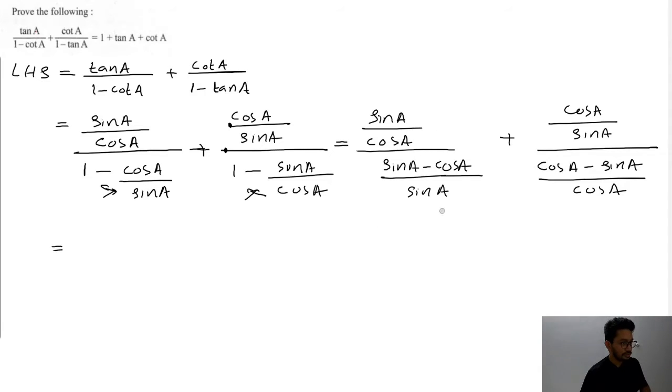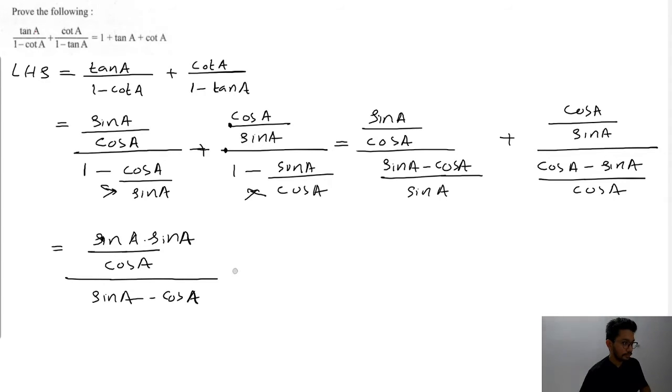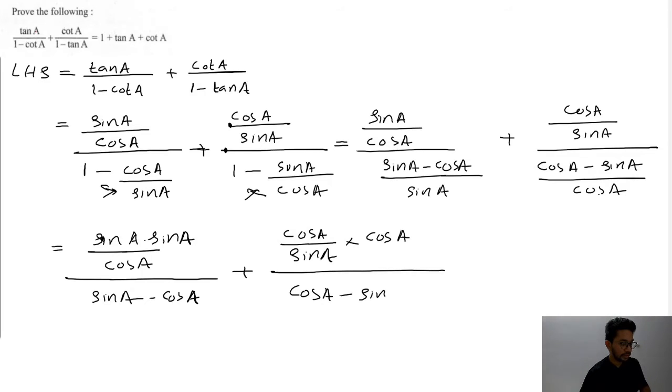So this sine A goes to the top, giving sine A by cos A whole divided by sine A minus cos A, plus cos A divided by sine A into cos A, whole divided by cos A minus sine A.